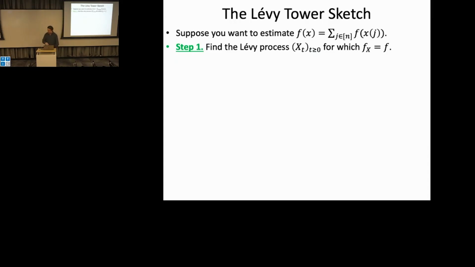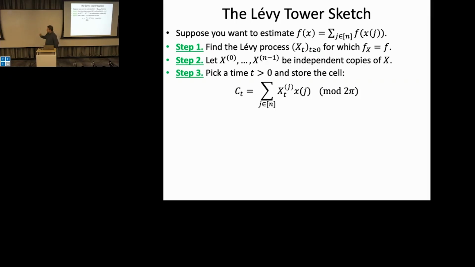But let's say you can finish step one. You found your Levy process. Now we're going to do something similar to what AMS does. AMS picks a vector of random signs. We're going to pick a vector of random independent versions of this Levy process. Every coordinate gets its own Levy process. They're all distributed identically, but they're all independent.